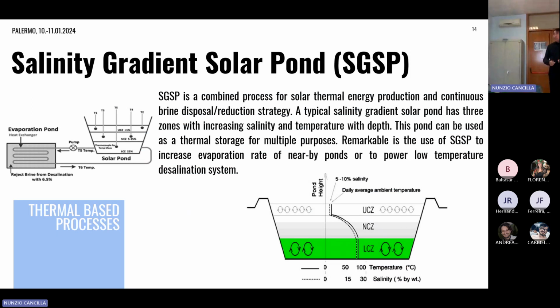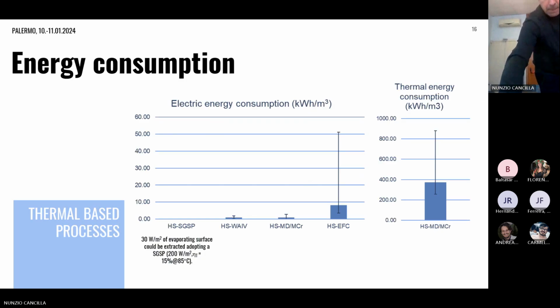Another interesting thing is salinity gradient solar ponds. This can be used in combination to have a source of thermal energy. This source of thermal energy can be used as thermal storage or for processes, even to power a desalination plant.